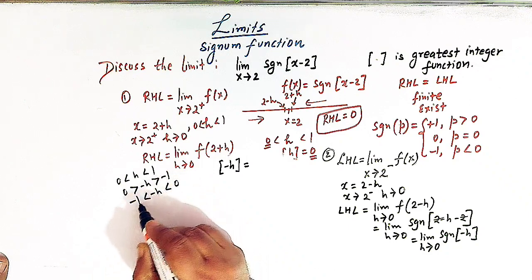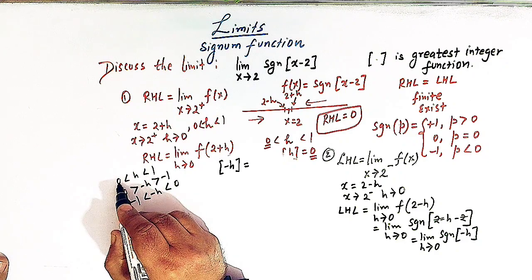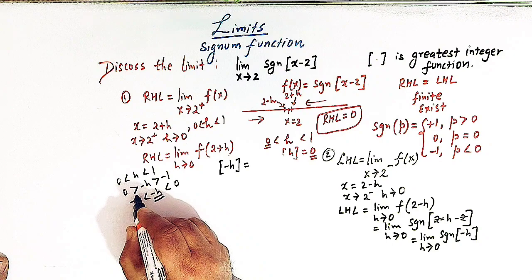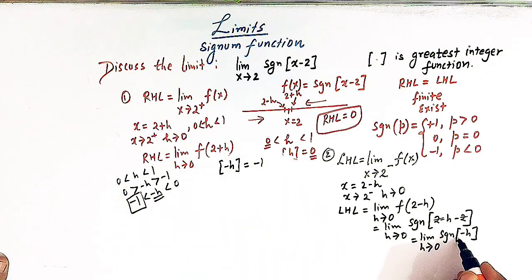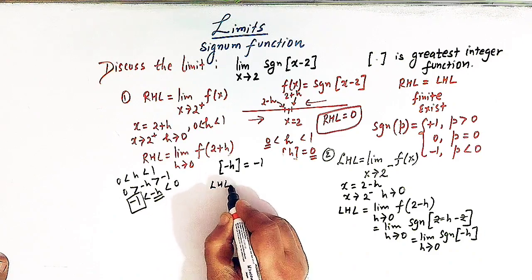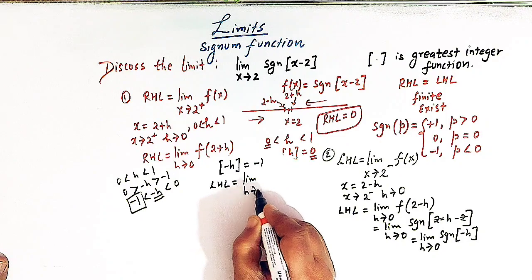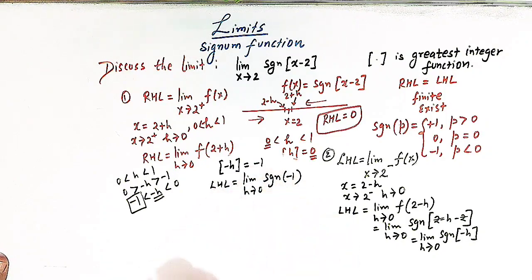So minus h lies between minus 1 and 0, while h lies between 0 and 1. So the greatest integer of minus h should be equal to minus 1, right? So now the left hand limit is given by limit h tends to 0, we have signum of minus 1, right?